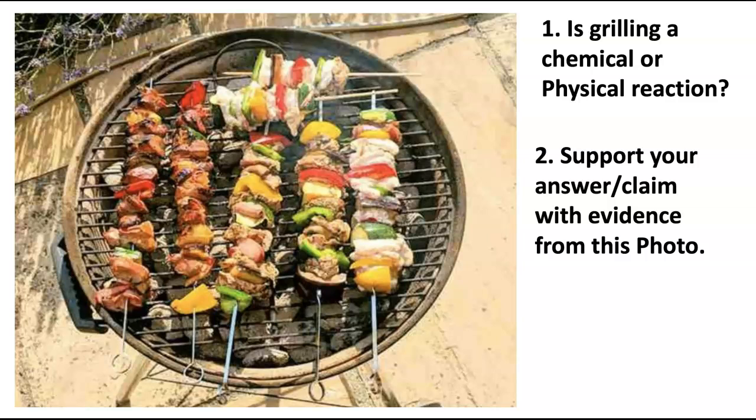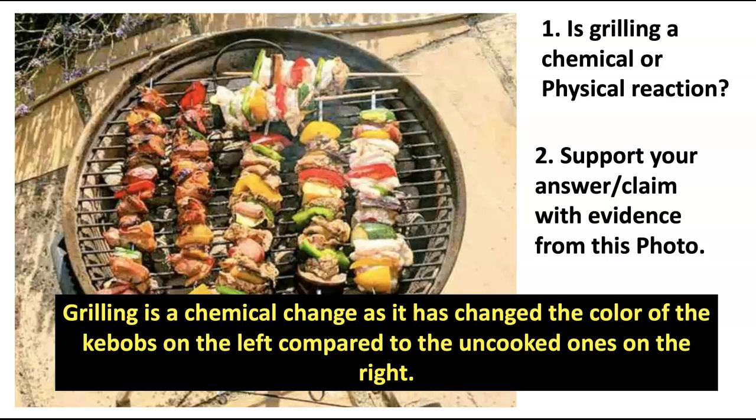You can say, I think grilling is a blank reaction because I see this and that. Pause the video and make a claim. So grilling is a chemical change because it has changed the color of the kebabs on the left side.